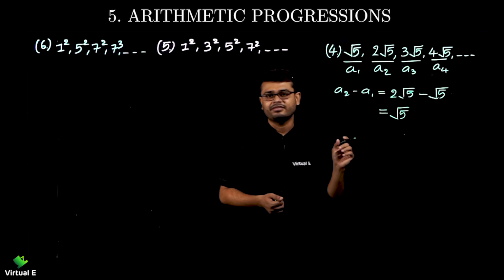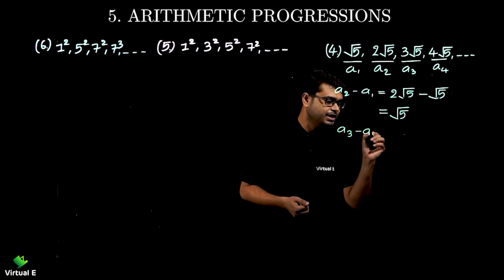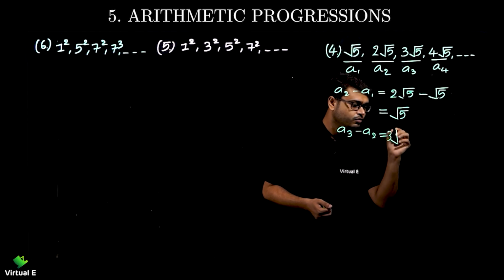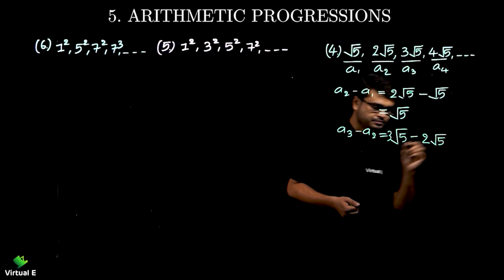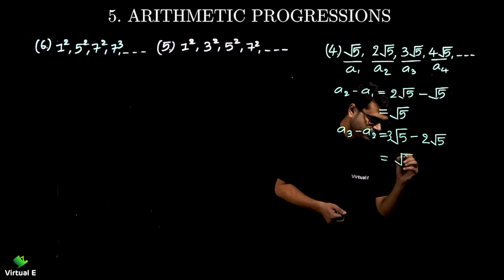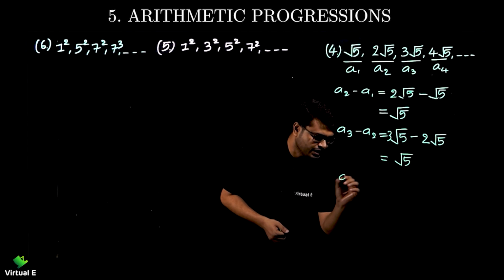Let's take the second difference, A3 minus A2. So A3 minus A2, that is 3 square root of 5 minus 2 square root of 5. Again 3 minus 2, very evident, root 5. So far the difference is the same. Let's check the third one, then we can decide, not without that.